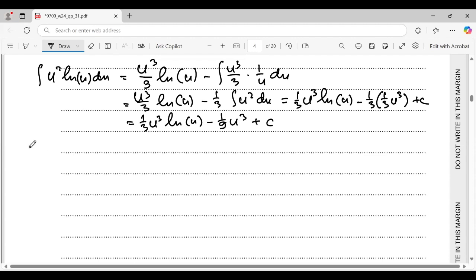The definite integral means 1 over 27 integral from 3 to 9 of u squared ln u du.